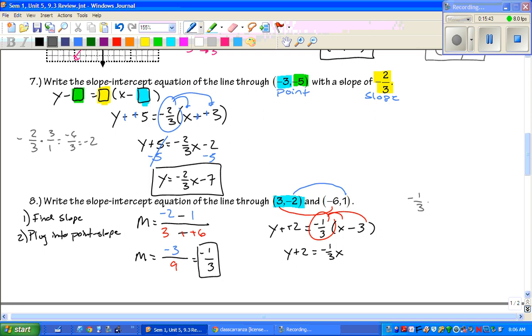So negative 1/3 times negative 3 over 1. Well, that's 3 over 3. When you multiply two negatives, it gets a positive, and 3 over 3 is 1. So plus 1. And then to get the y by itself, you have to subtract 2 from both sides. And we get y equals negative 1/3 x minus 1. And that's our final answer, so I'm going to put it in a box.